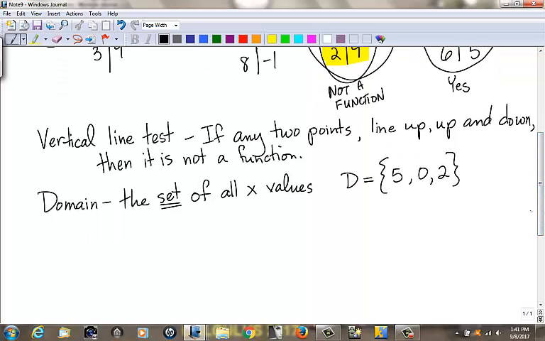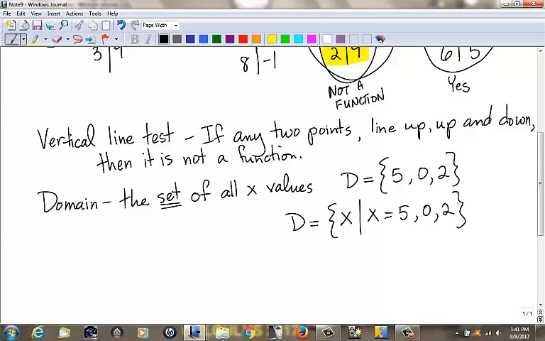Now, some authors will just write it like that. But sometimes on the ACT test or something like that, you might see it written this way. The domain is the set of all x's such that x equals 5, 0, 2. That says the same thing. I'm okay with either one.